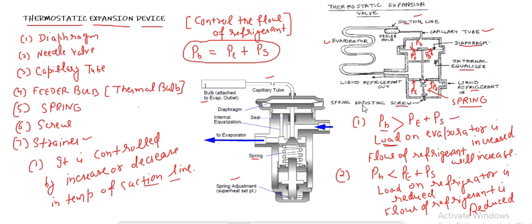Clear? And there is one more thing. It basically controls the superheat of the system at the suction line, whether it is having high temperature or low temperature. Clear?